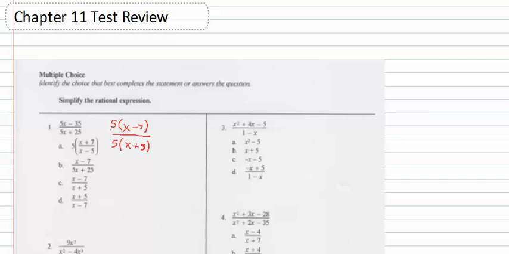Okay, now I can cancel the 5's out, and my final answer would be x minus 7 over x plus 5. Then I look at my answer choices here, and I see that it is going to be letter C.